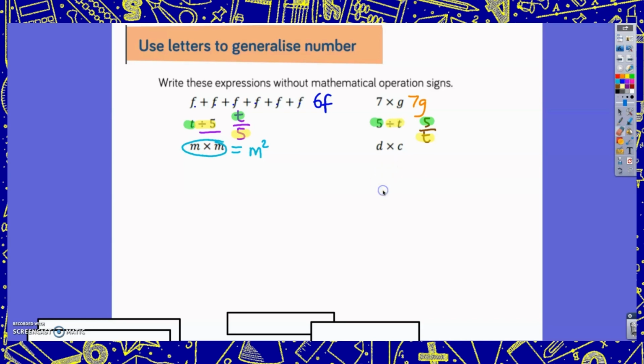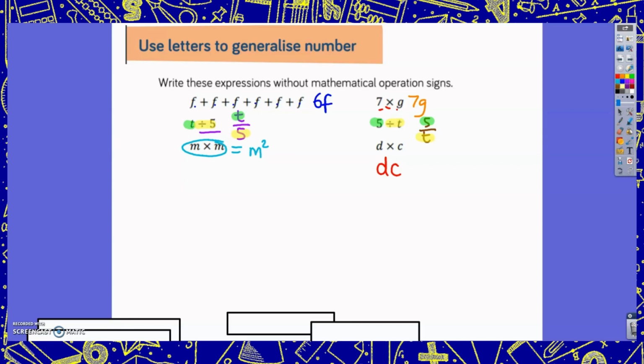This has similarities to if I was taking 7 times g, for example. So for 7 times g, I had 7 lots of g. Here, I have d lots of c. So I would have it as dc. That would be my representation of d multiplied by c.